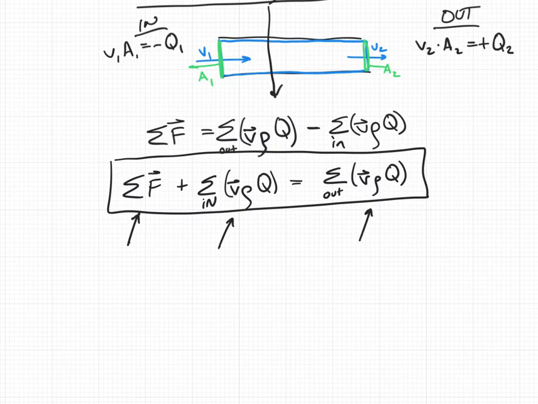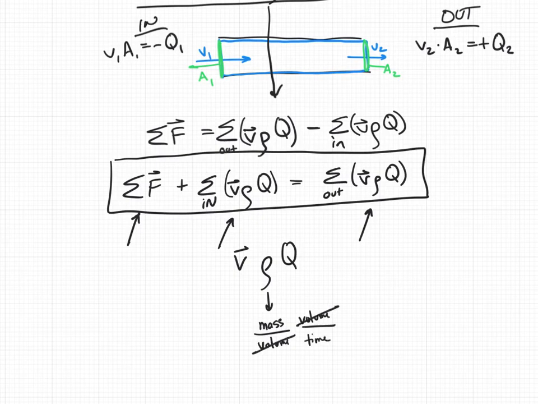You might ask, how is that a momentum flux? Well, V is velocity, so let's do this right. Rho Q: rho is mass per volume, times Q, which is volume per time.